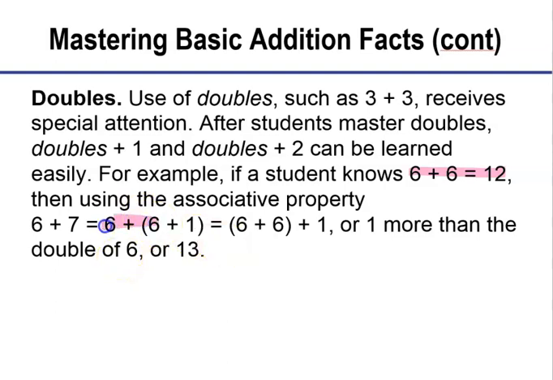So you've got your doubles right here. Notice you associate those two together. You've got your double plus 1, which gives you 13. That is a great strategy to get students to quickly learn addition facts.